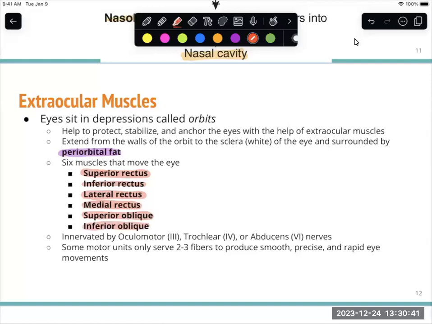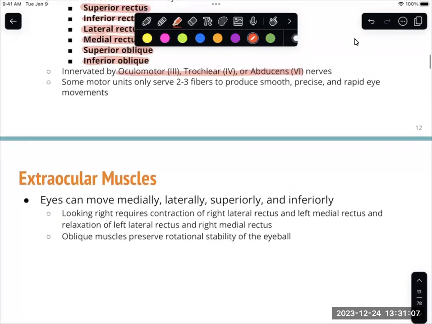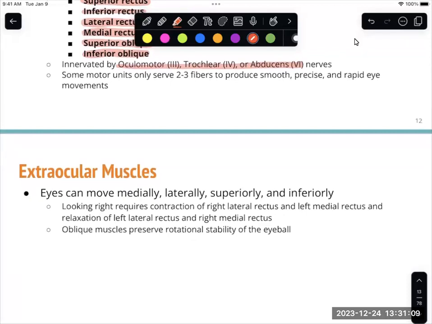We have 3 cranial nerves that go to those 6 muscles: oculomotor, trochlear, and abducens. Trochlear goes to one muscle, and abducens goes to one muscle. Oculomotor gets the rest.